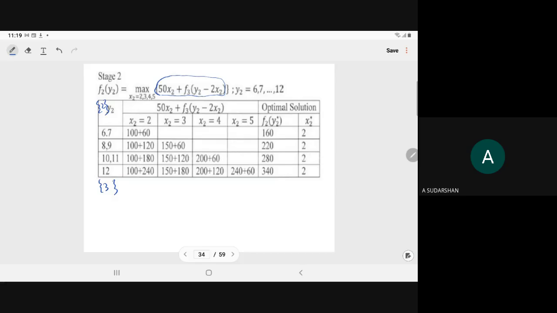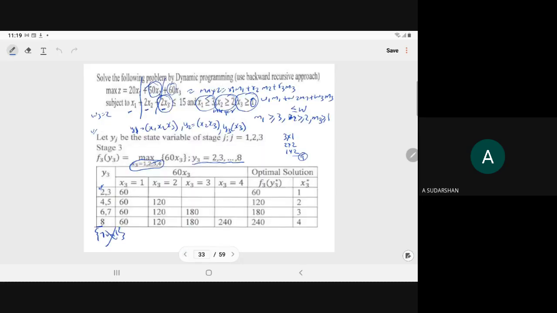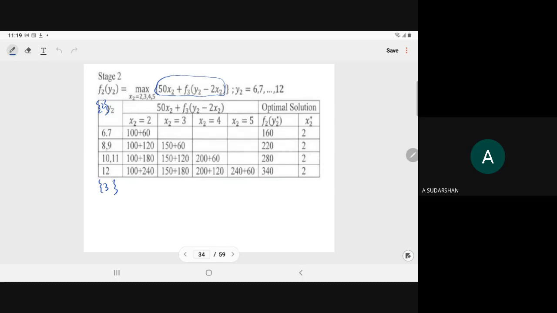And for fulfilling the minimum criteria of stage 2, x2 greater than or equal to 2, you require the space of 4 units, because the unit weight is 2. So in total you require 6. That is important here.